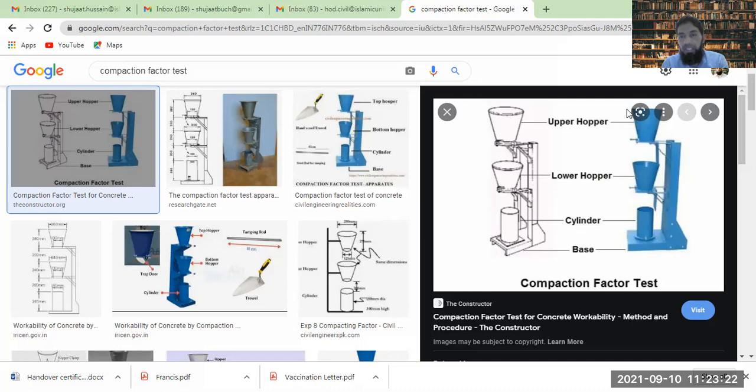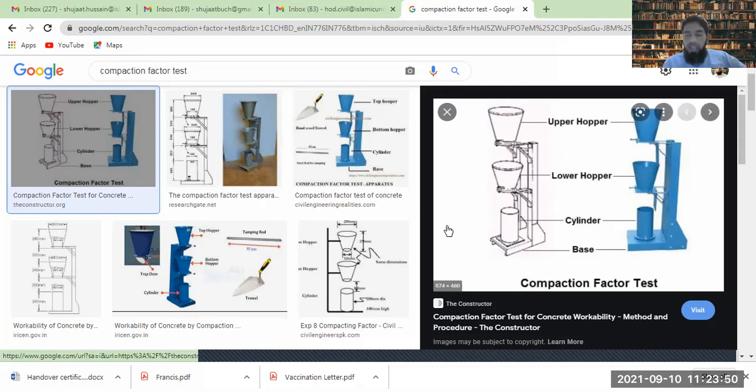So you have poured the concrete in the upper hopper, you remove the lid from the bottom of this, and it just flows down into the lower hopper in this fashion. Because the upper area is larger, it will flow down and have an abrasion with the surface of this hopper or the funnel, you can call it as well.